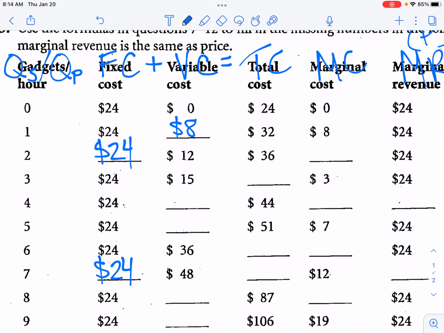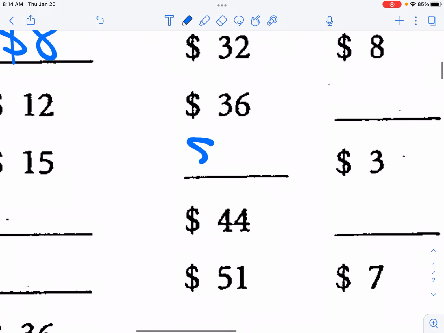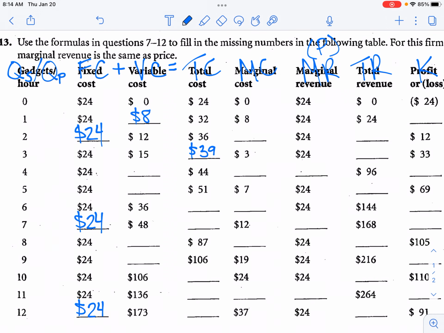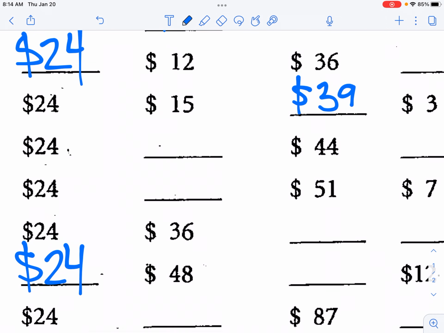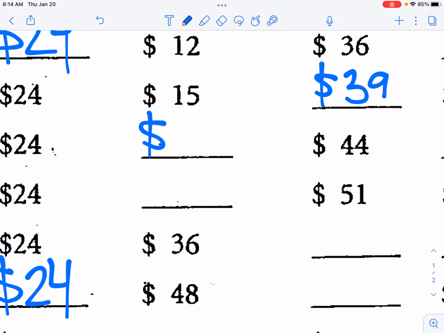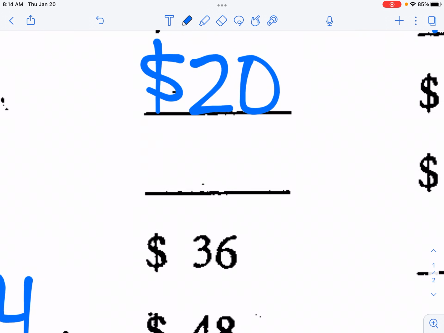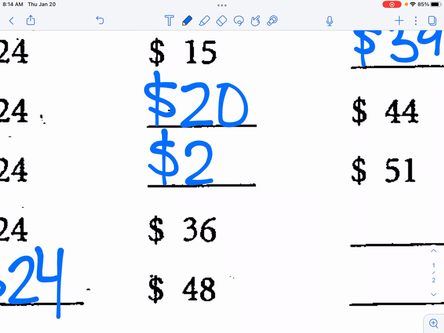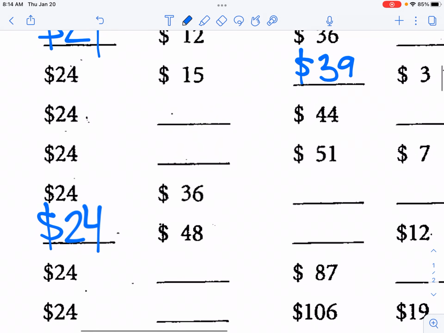In row 3, 24 plus 15 is going to give us 39. Row 4, we know that 24 plus the mystery number gives us 44, so that mystery number has to be 20. The next row, 24 plus 27 would give us 51.